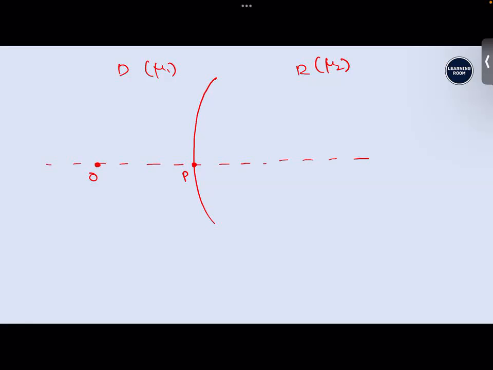You know what happens when it goes from denser to rarer, right? Try it at least.